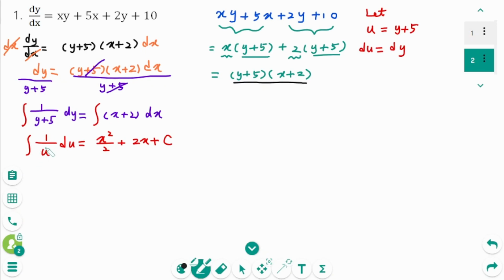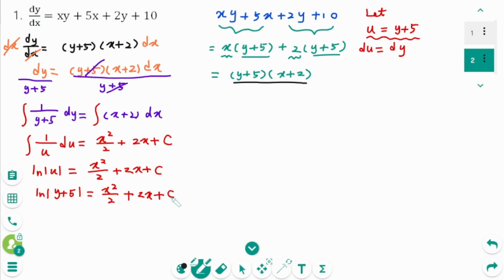Then integral of 1 over u is ln absolute value of u equals x squared over 2 plus 2x plus c. Then ln absolute value of u was y plus 5 equals x squared over 2 plus 2x plus c.